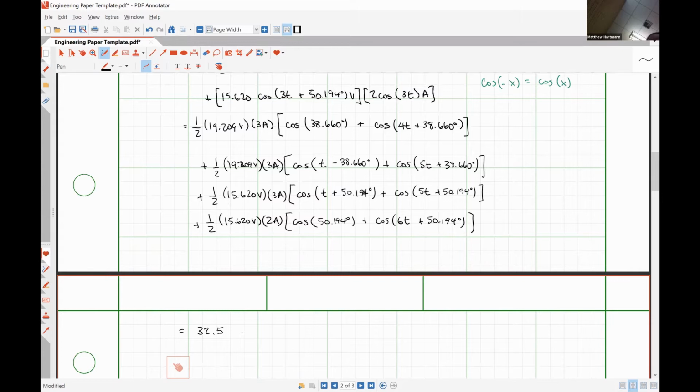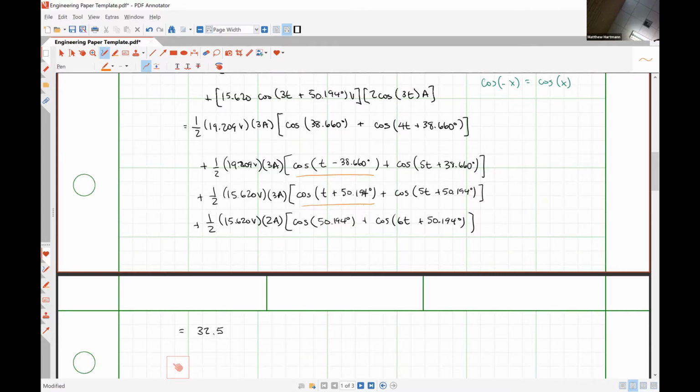Our next lowest frequency term is going to be our 1 radian per second, guys. So what I'm going to have to do to add these together is effectively convert them into complex numbers and then add them together and go back. So that is going to be 1/2 times 19.209 times 3 amps with an angle of negative 38.660 degrees.